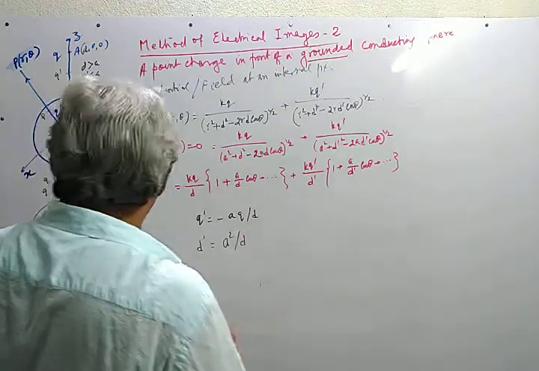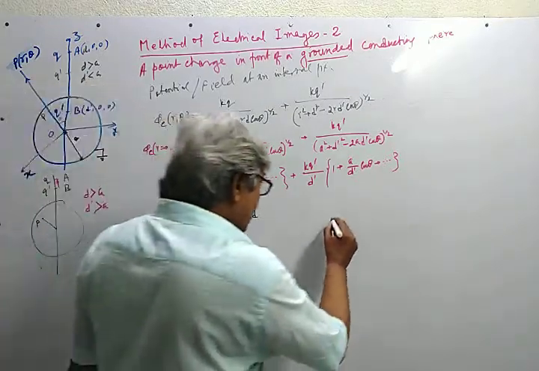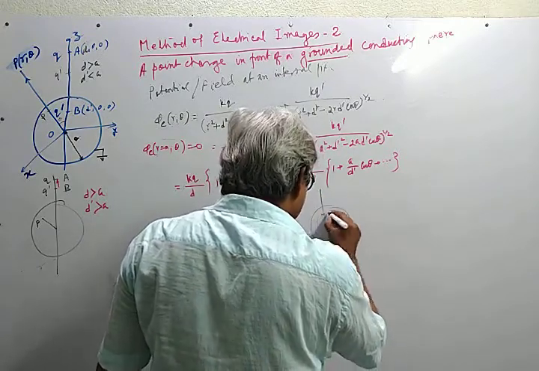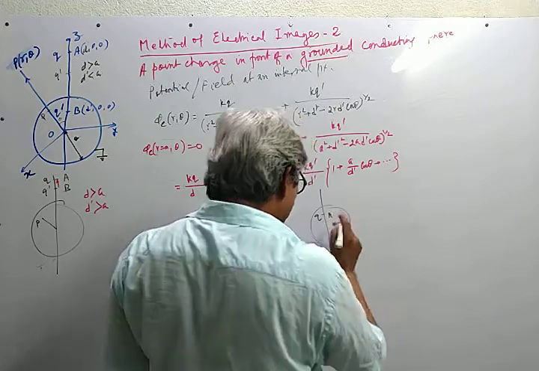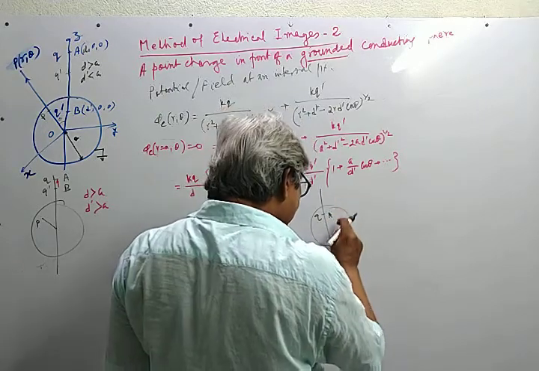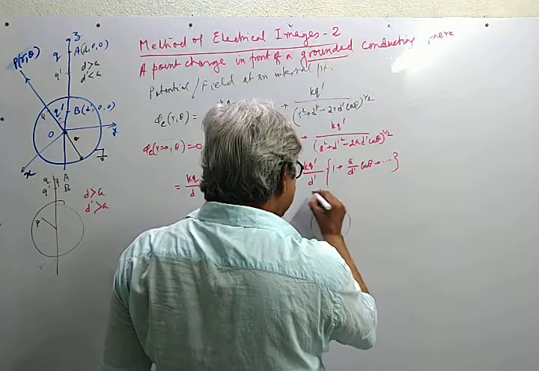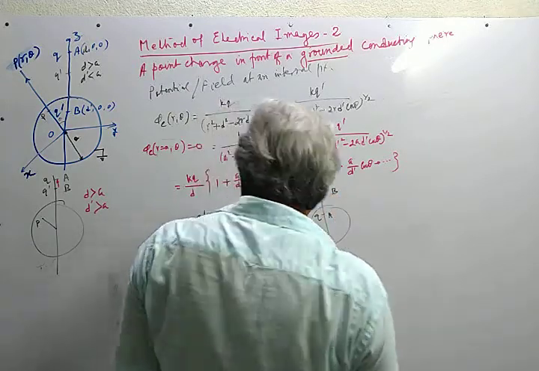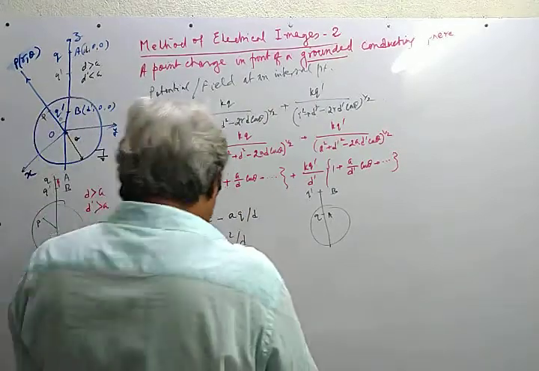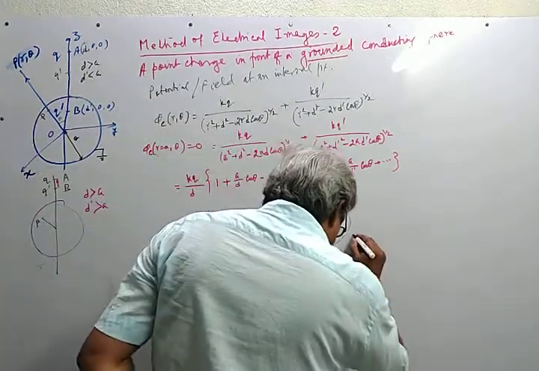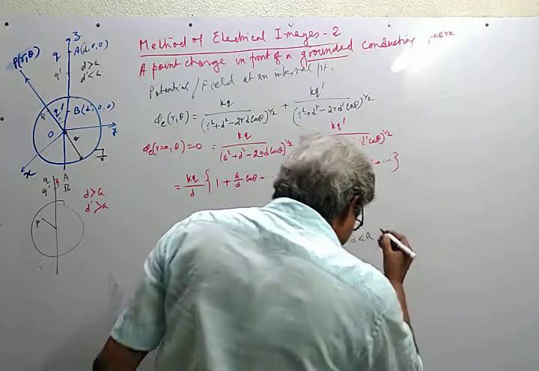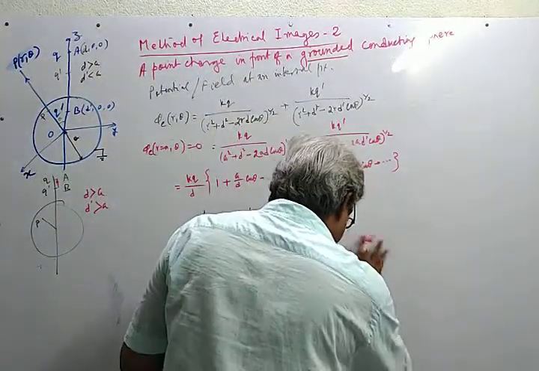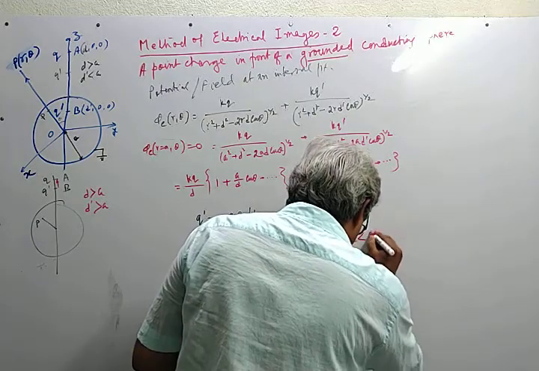But if we consider the point charge to be located, this is the sphere, and we consider an inducing charge located within the sphere, and we want to find out the field within it, then the image charge must be placed outside, and in that case d is less than a.